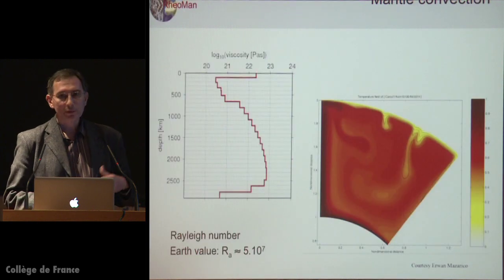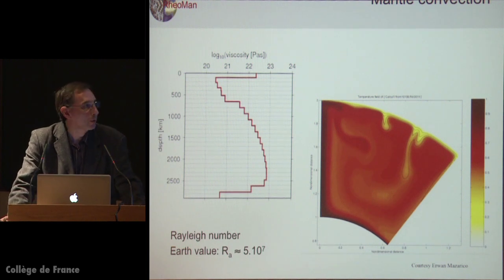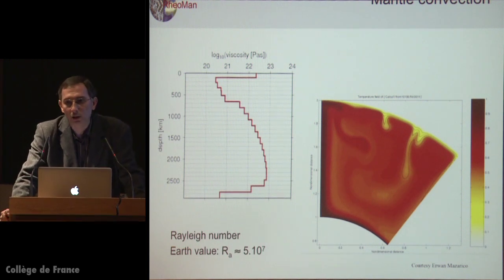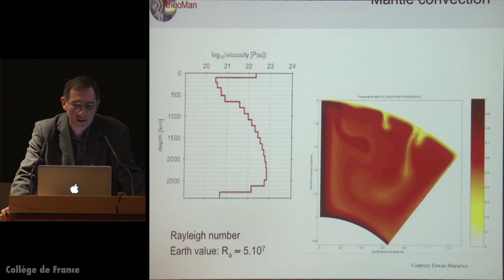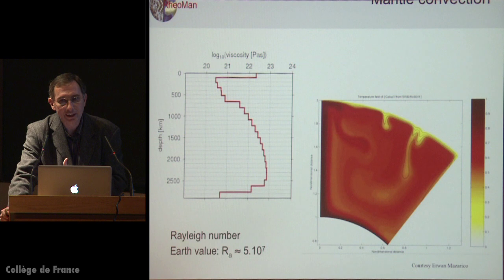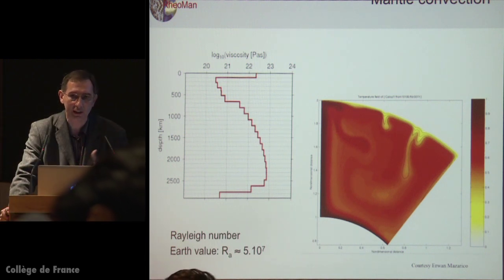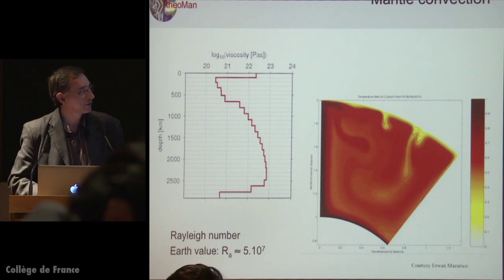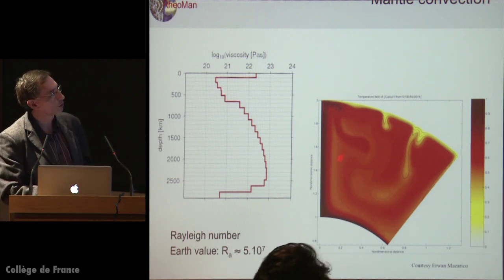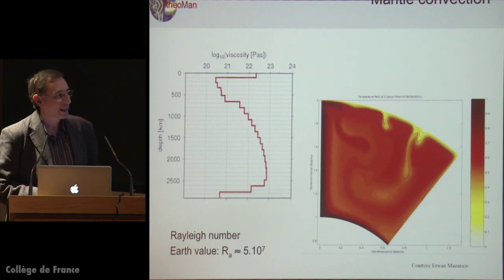So we have the same target as previously, basically the large-scale picture. We want to understand or to put constraints on mantle convection. This is the way with which matter can transport heat through the mantle, which is heated from inside and from the bottom. And to do that, of course, we have some modeling tools, which are based basically on fluid mechanics.